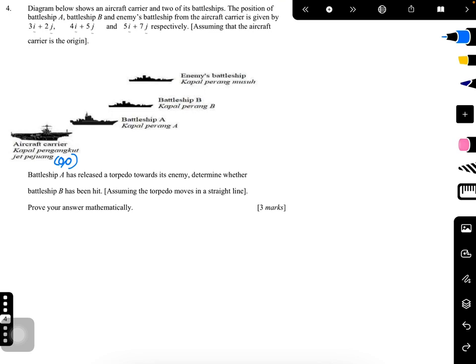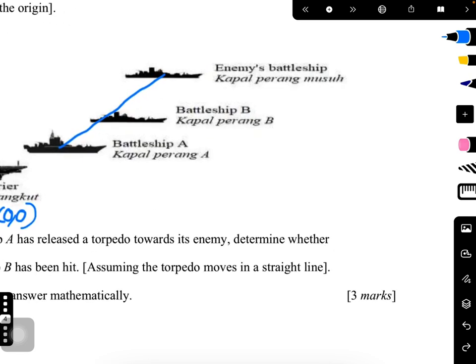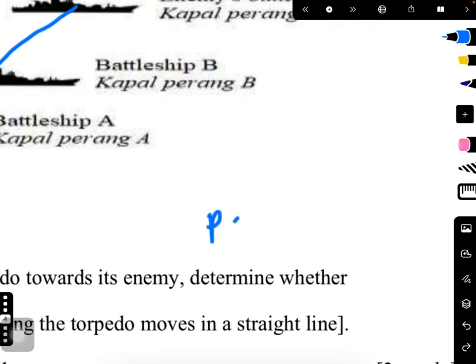Okay, he said that battleship A released a torpedo towards the enemy battleship. He asks, is battleship B hit? Okay, in order for it to be hit, these 3 battleships need to be in parallel. Why?